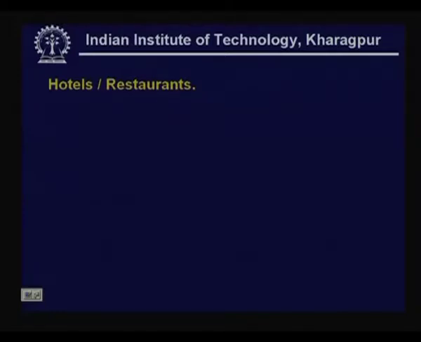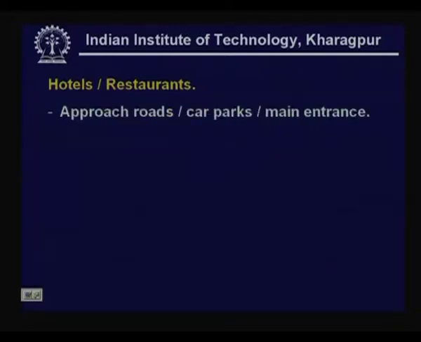Now next come the hotels and restaurants. If you see hotels and restaurants, the whole lighting can be categorized into approach roads, entrance and car parks.